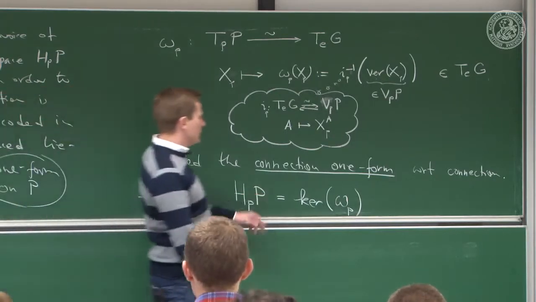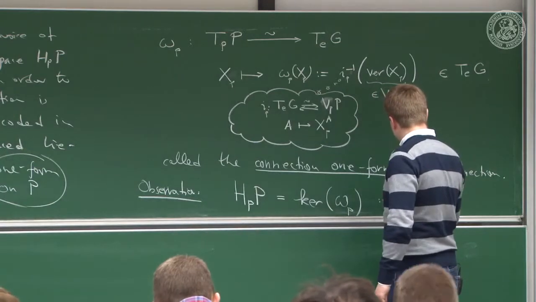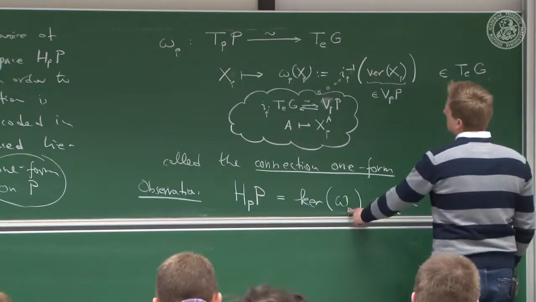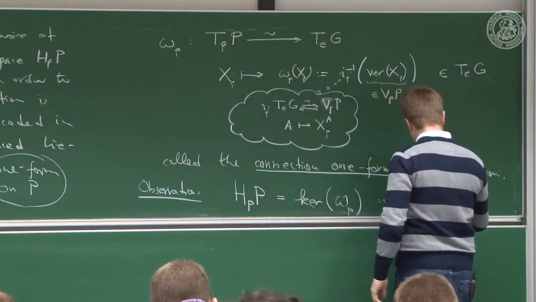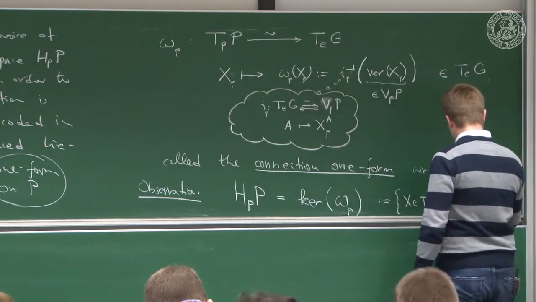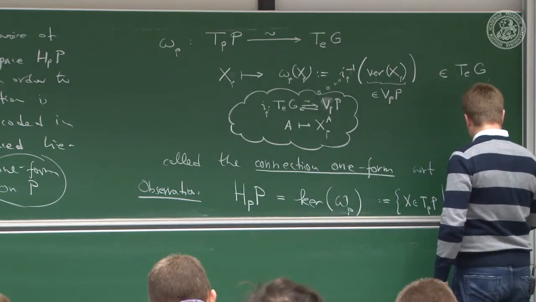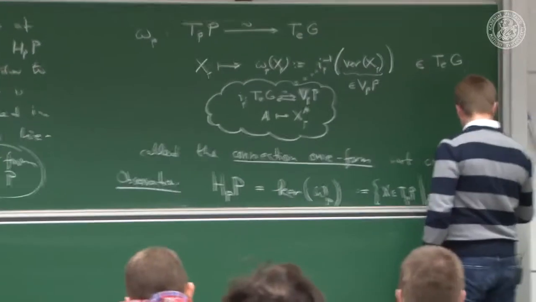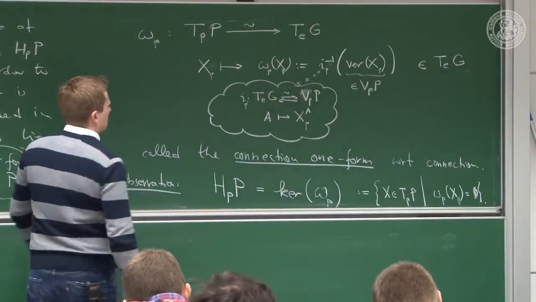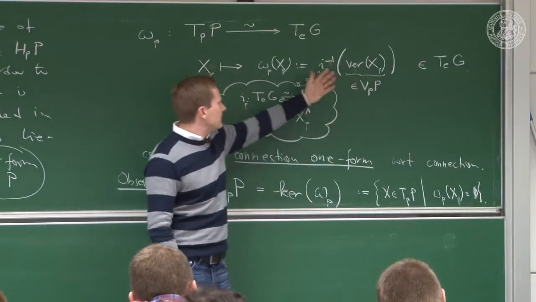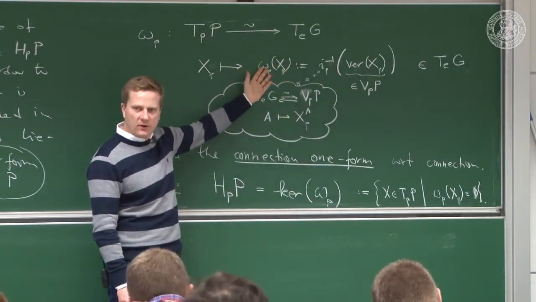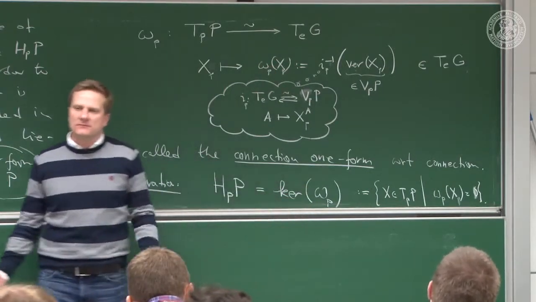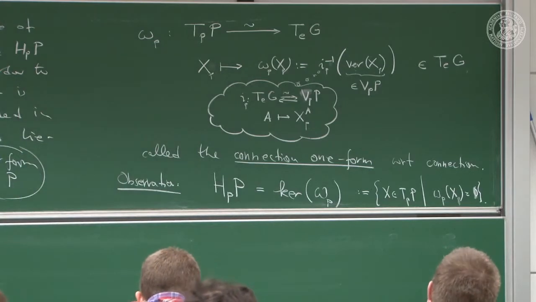I again define the kernel, you know what the kernel is, but maybe it's nevertheless useful to write this down: it is all those x in the domain T_P P which are sent by the omega to 0. So from a choice of subspaces, I define a form, but once I have defined the form from such a choice of subspaces, I can recover the subspace as the kernel of this Lie algebra valued form. So far, so good.